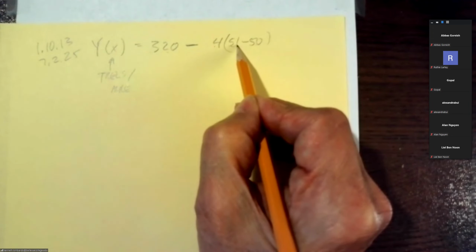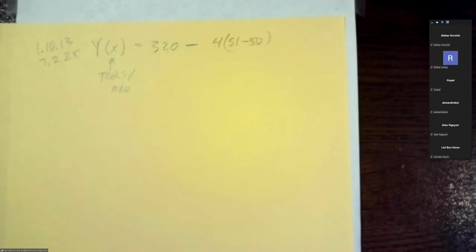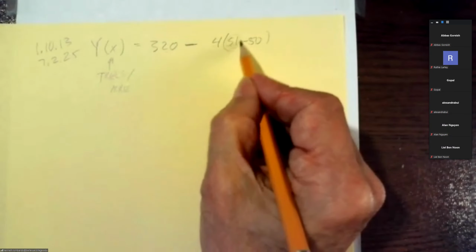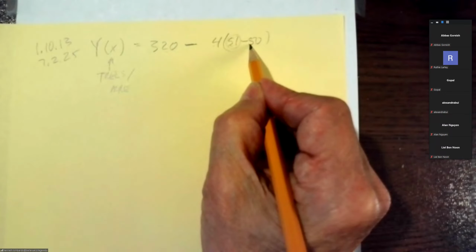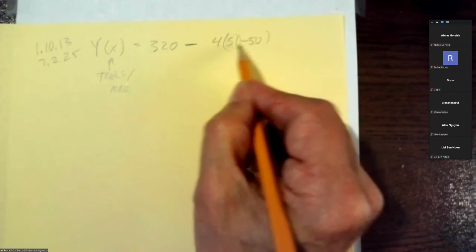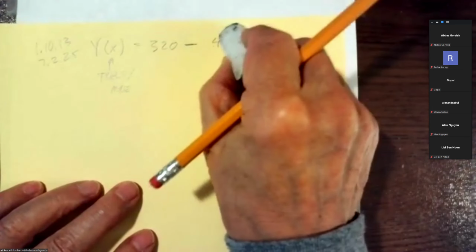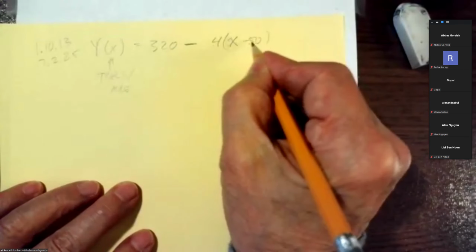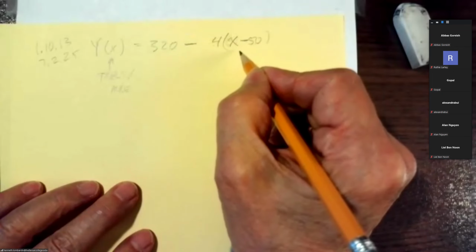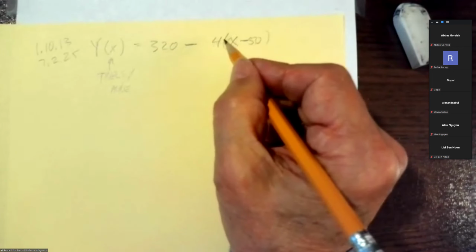If it's 52, we reduce it by 8 and so forth. But this value here has to be above 50, doesn't it? We don't know what it is, but for every value above 50, whatever that value is, I have to reduce it by 4.